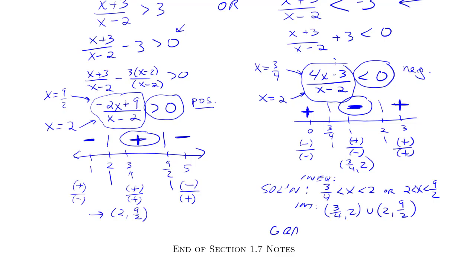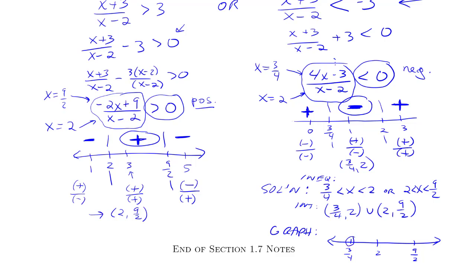And then a graph of the solution. Remember, those other things were just helper graphs. We would have 3/4, 2, and 9/2. Again, this is going to look a little strange because the only place these don't meet up is 2.